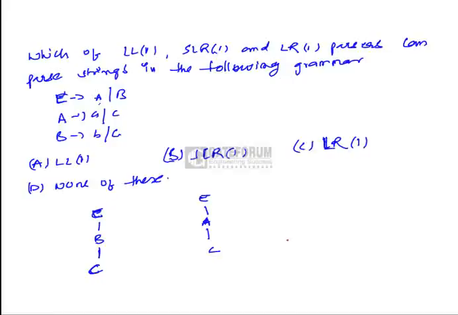And if it is to be parsed by operator precedence grammar, that grammar should be operator grammar. Then only it can parse ambiguous or unambiguous grammars. So here, as the grammar is ambiguous, we cannot construct LL1, SLR1 and LR1 parsers. So here correct option is option D.